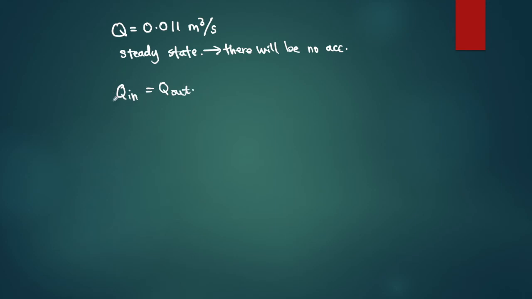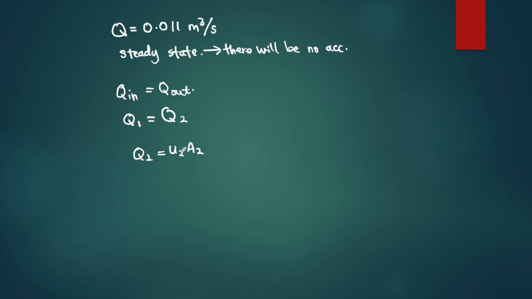If I say that Q in is Q1, Q1 will be the same as Q2. Now my Q1 is 0.011 meter cube per second. Therefore Q2 is also the same. Now to find the velocity, we know that the equation for Q2 is U2 times A2.